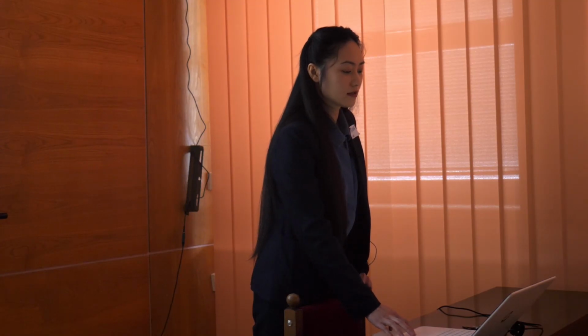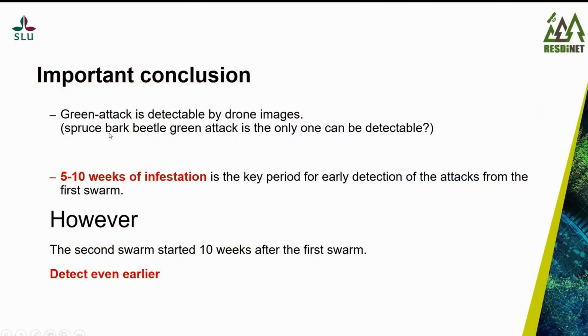So if we want to conclude that the green attack from bark beetle attacks is detectable, then we need to be more careful and analyze why the spruce bark beetle is a little bit different from all the other insect damages. And of course, this is only the conclusion from one study. So we think we need to have similar studies in different areas, covering different years, to make sure that this conclusion is trustworthy.